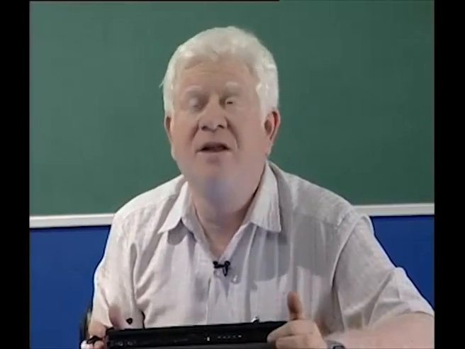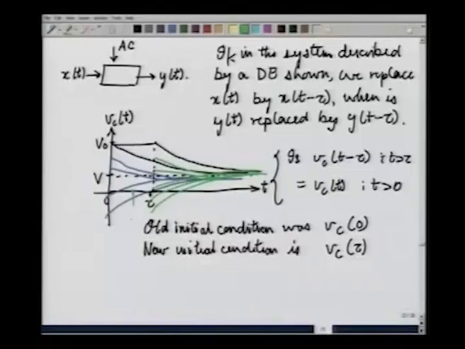All right. So, now let us see, if instead of specifying an initial condition, that is instead of specifying Vc of 0 in the earlier case, I had specified Vc of t0 at some arbitrary t0, let us say t0 equal to this. Suppose I had specified Vc of t0, which would mean this particular voltage.